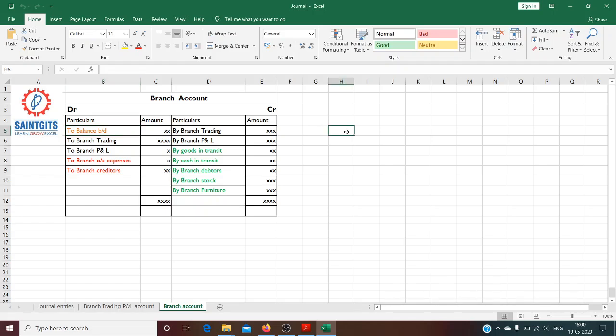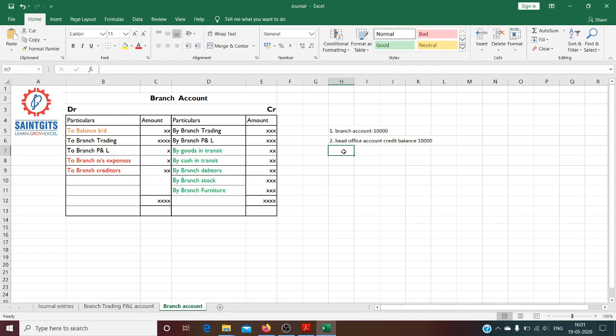It may be given directly from the question as branch account balance of rupees 10,000, something like that we have to expect, or it may be head office account credit balance of rupees 10,000, something like that we have to consider.